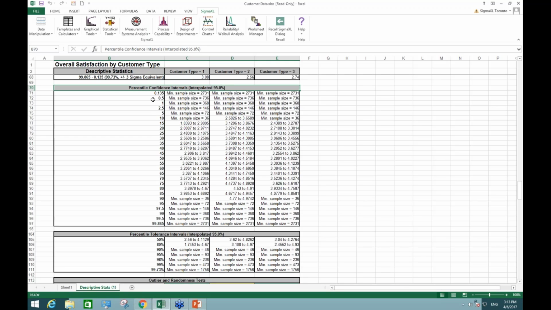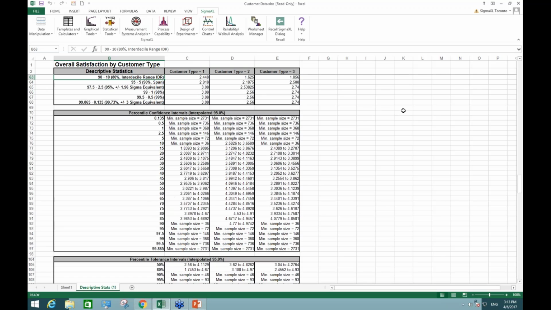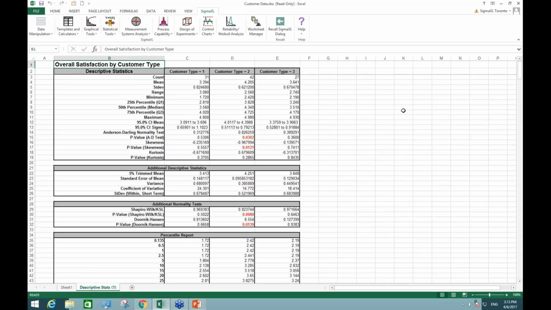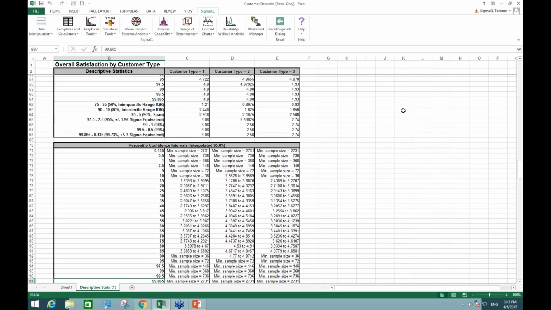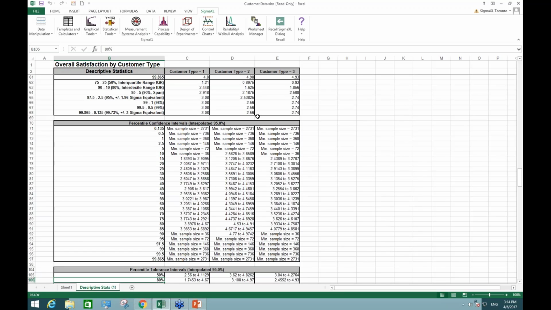And also notice for the smaller values, if the sample size is inadequate, you're given a report saying what the minimum sample size is. So for customer type 1, if I scroll up, I have 31 observations in that particular sample size. So that wasn't enough. I can't get a confidence interval for the 10th percentile.